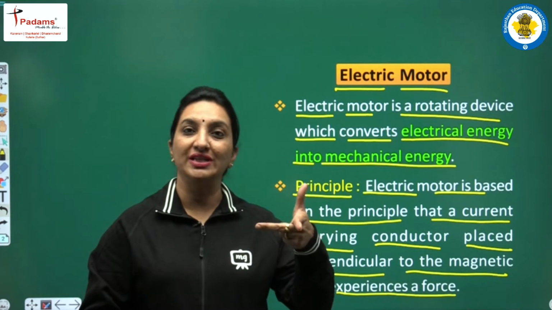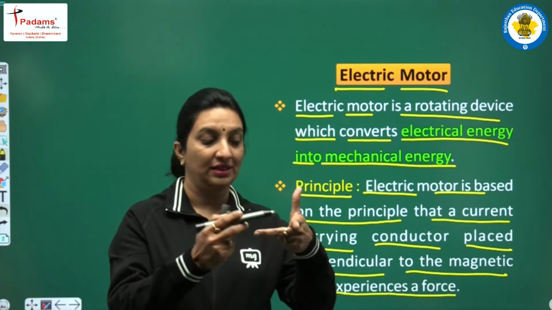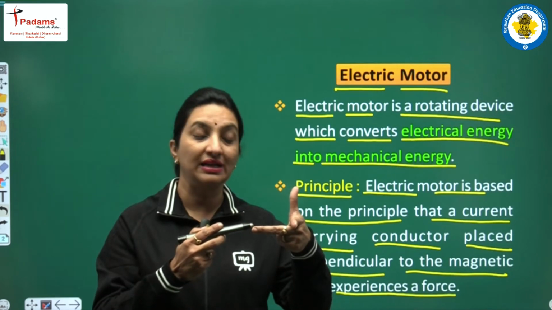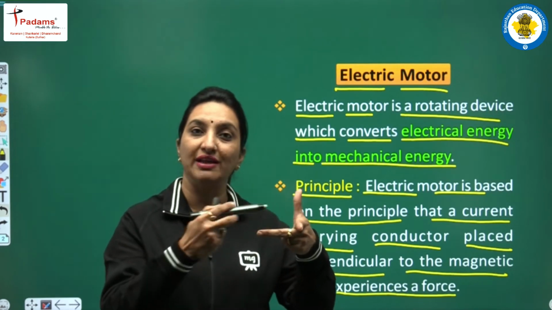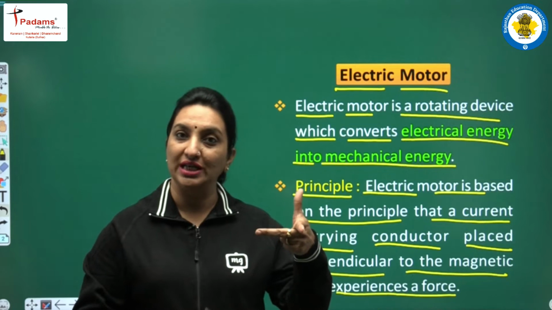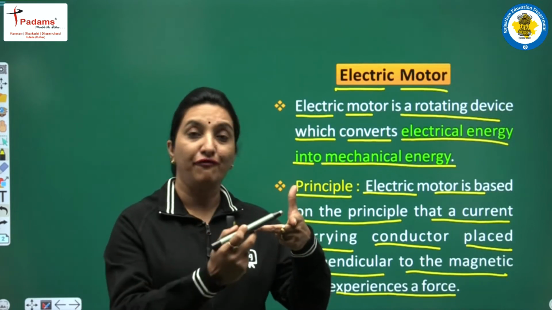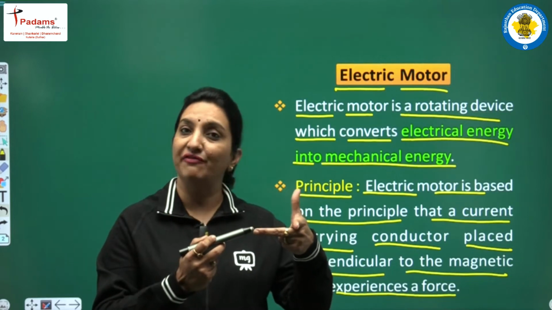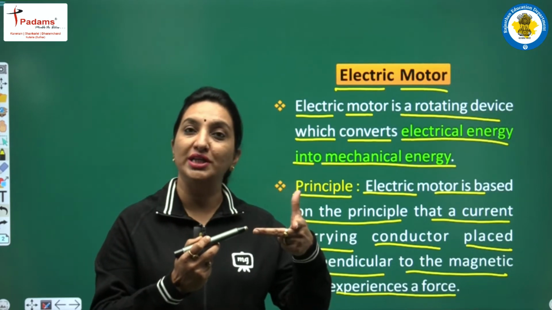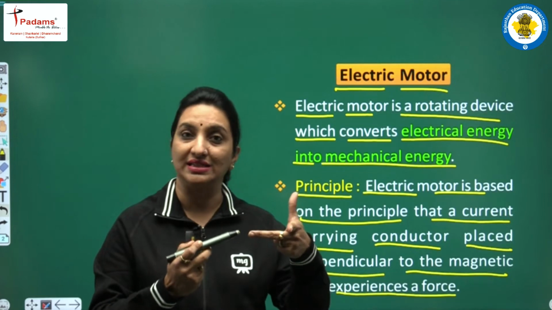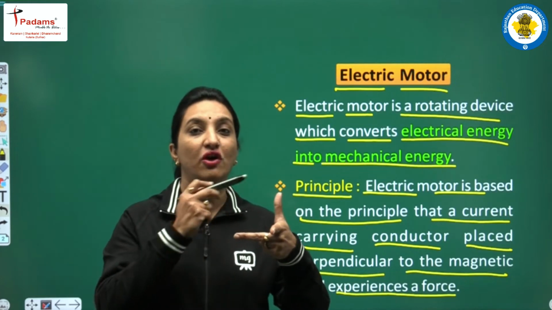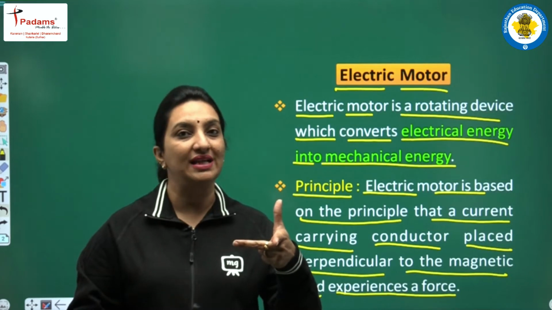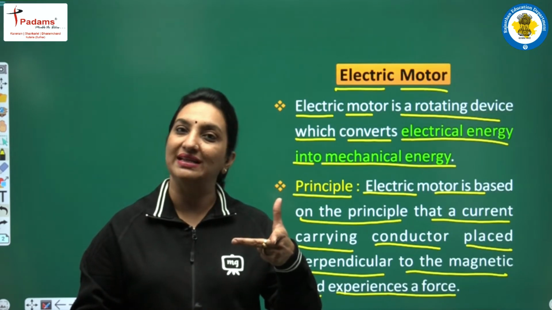So students, if we stretch the thumb, the forefinger and the middle finger, or you can call it the central finger, and if we stretch all the three fingers perpendicular to each other, and if the forefinger points towards the magnetic field and the middle finger or the central finger points towards the direction of current, then the direction of the thumb gives us the direction of the force experienced by the current carrying conductor placed in the magnetic field.